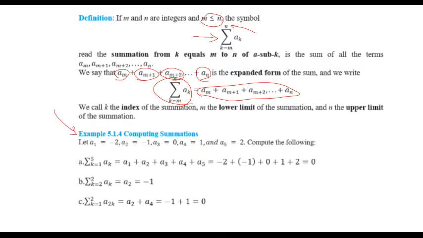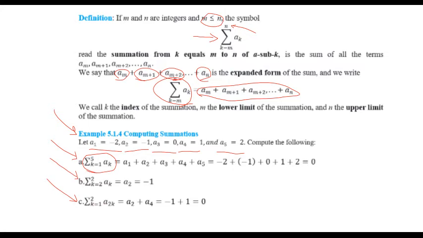As an example, let's look at three summations, assuming that a1 is -2, a2 is -1, a3 is 0, a4 is 1, and a5 is 2. We can compute these three summations. In case A, we have the summation of a sub k, k from 1 to 5. So in this case, we have to add all the elements together.